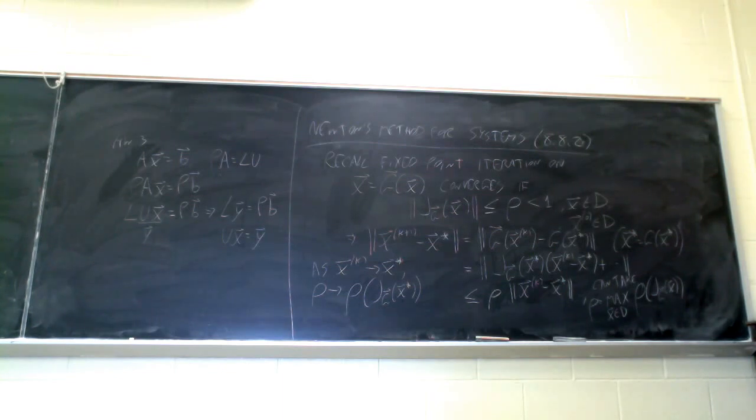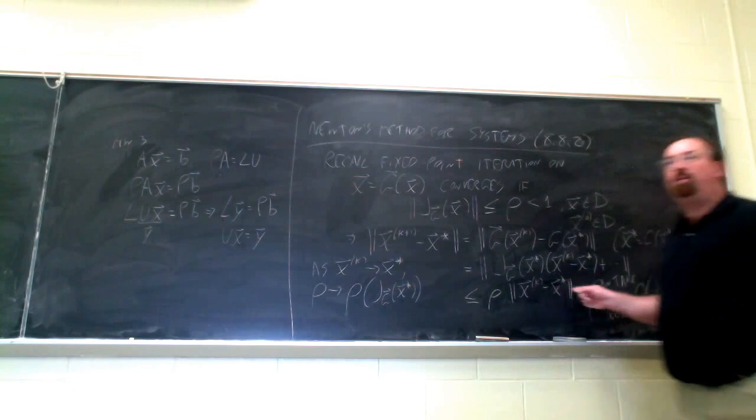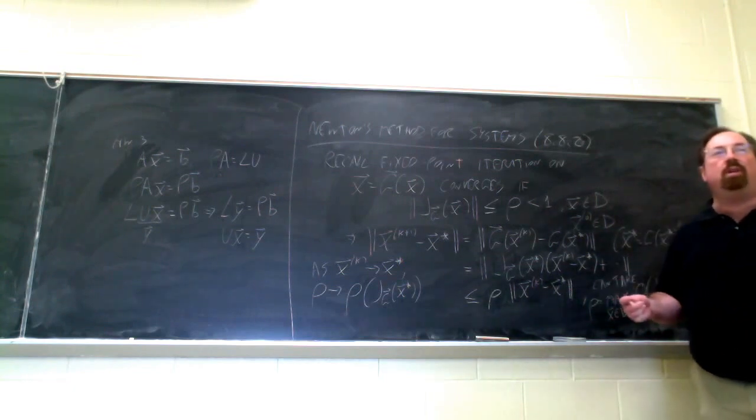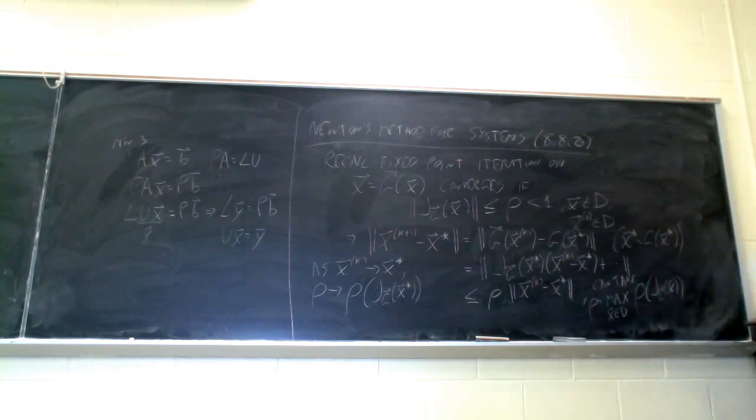This is linear convergence, because the norm of the error from the previous iteration is raised to the first power. If it's raised to a higher power, you have more rapid convergence. So what we'd like to do is see if we can choose G in such a way that the fixed point iteration has better than linear convergence.